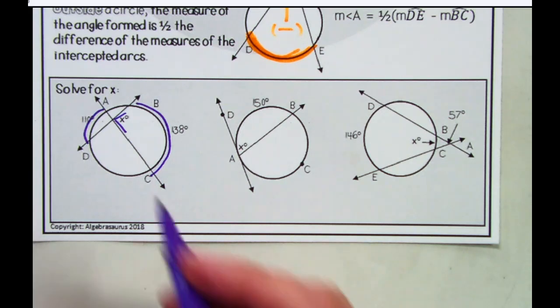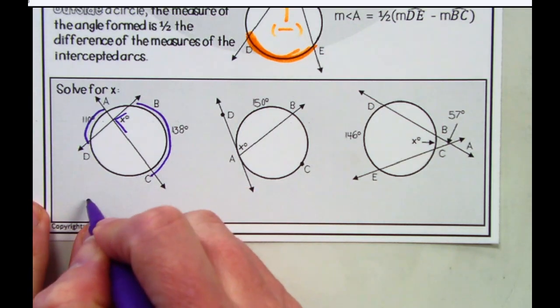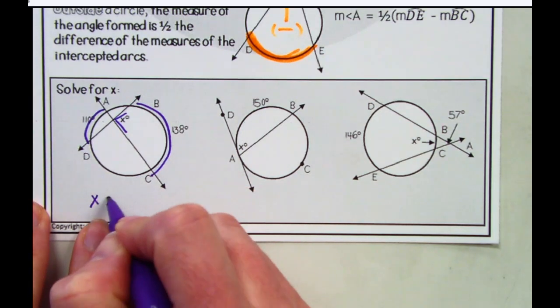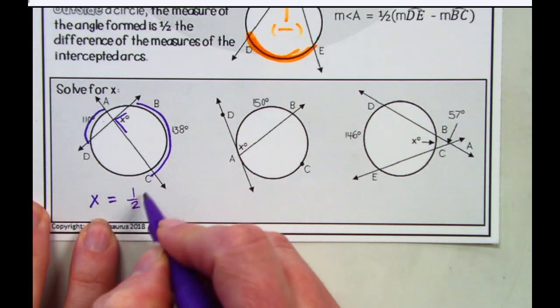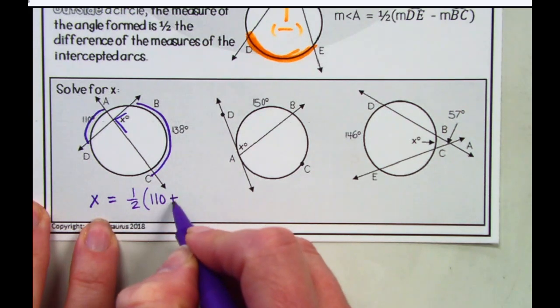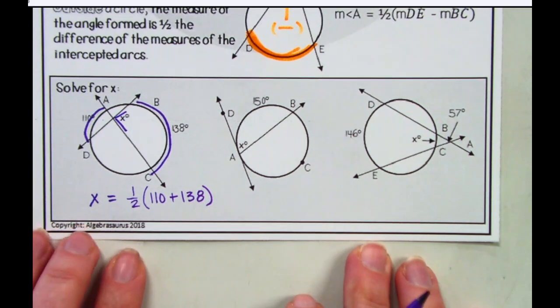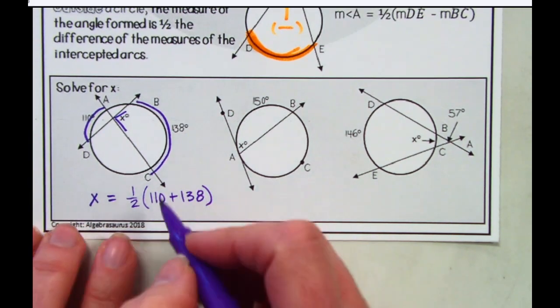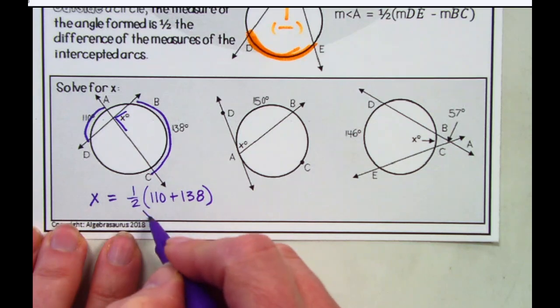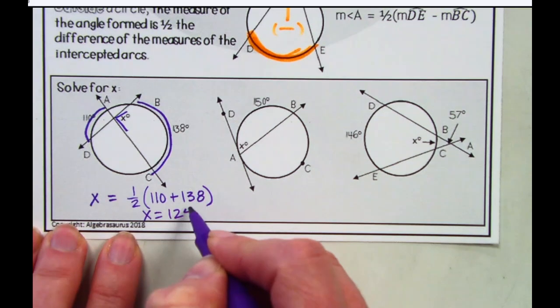All right, we're going to add them. I love it. So the measure of angle X is half 110 plus 138. I heard a calculator pull out, so will you tell me what that is? 124? X is 124 degrees.